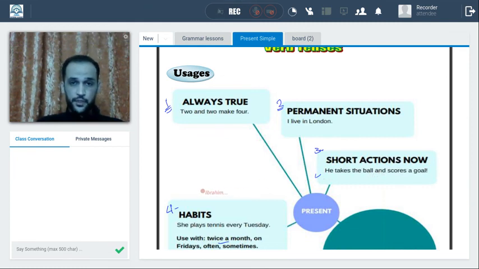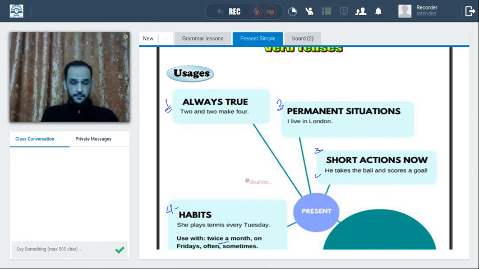Number five, future timetables. I can use the present simple to express future timetables, and timetables can be seen with transport, TV programs, and classes.